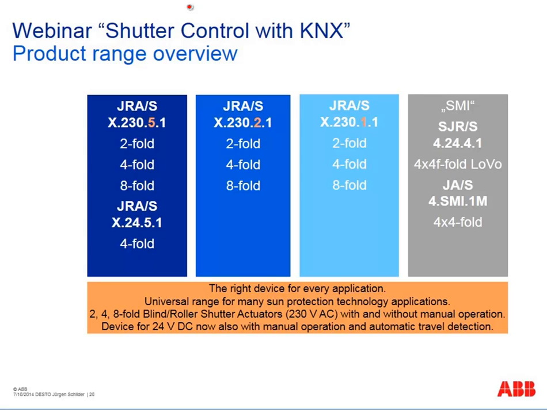Let's come now to our shutter actuators. The standard shutter actuators for panel boards, DIN-rail mounted components. We have 4 different, let me say, families. First of all, the most powerful one, version 5, JRAS, and then in the middle of the type description 5.